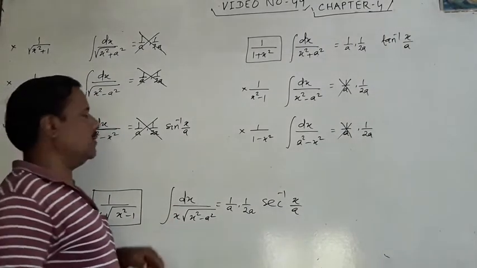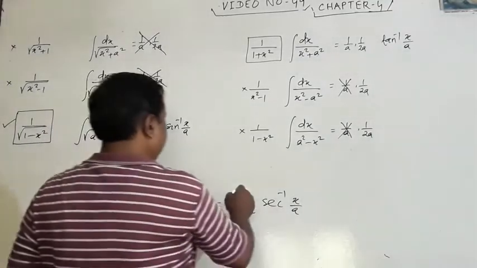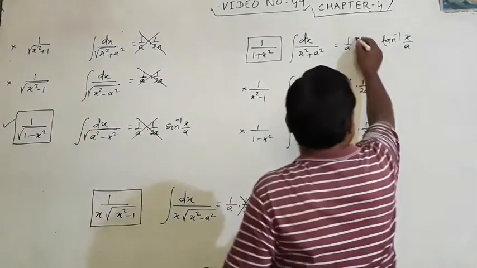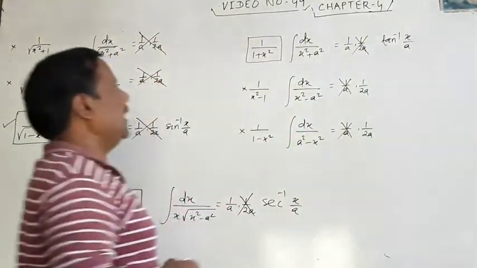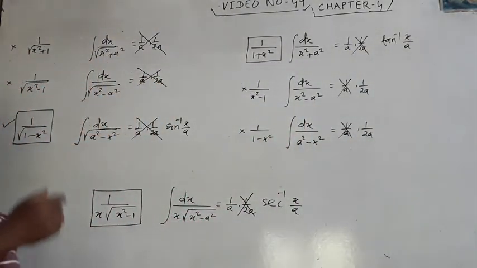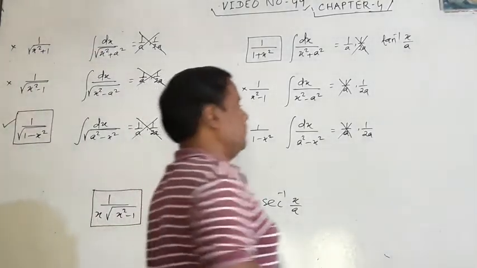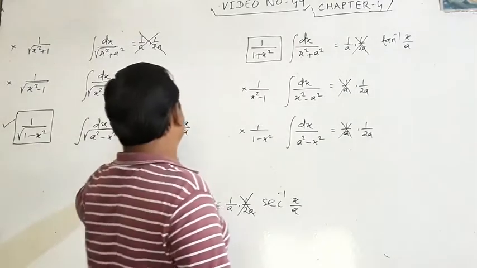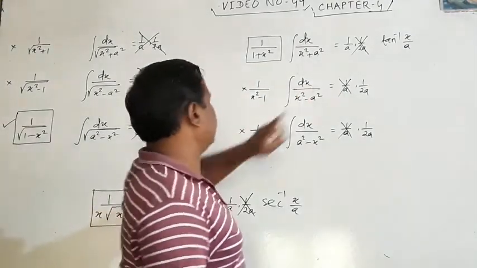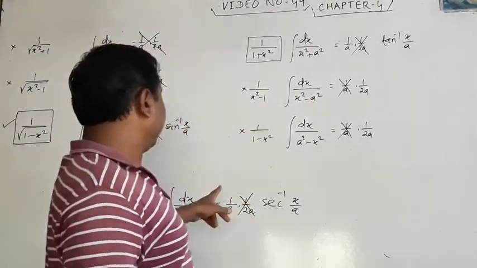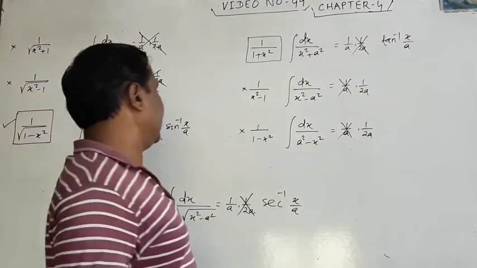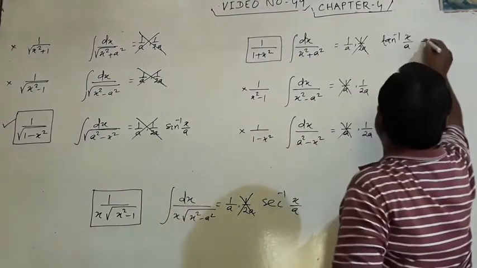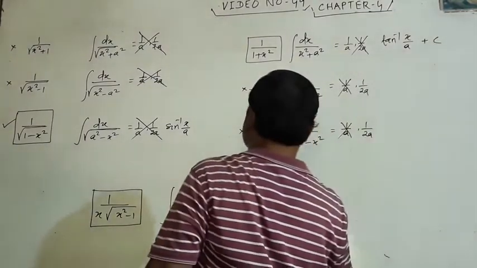So we have to put 1 by a here. Remember, I am telling repeatedly. Now it is sine inverse x by a, tan inverse x by a, 1 by a sec inverse x by a, 1 by a tan inverse x by a plus c.